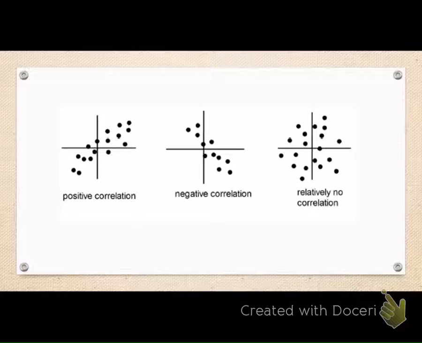All right. So here are just the examples of what we talked about. So a positive correlation is as X increases, Y increases.